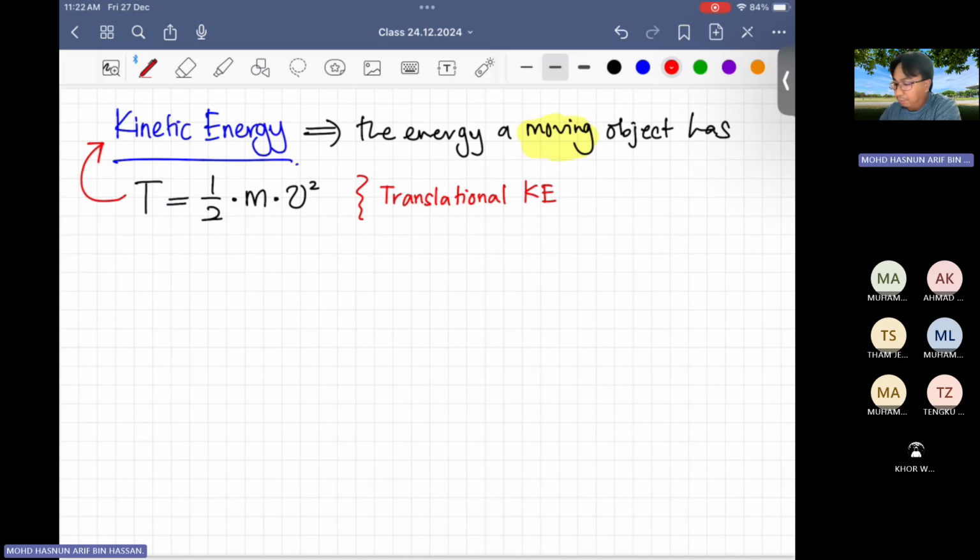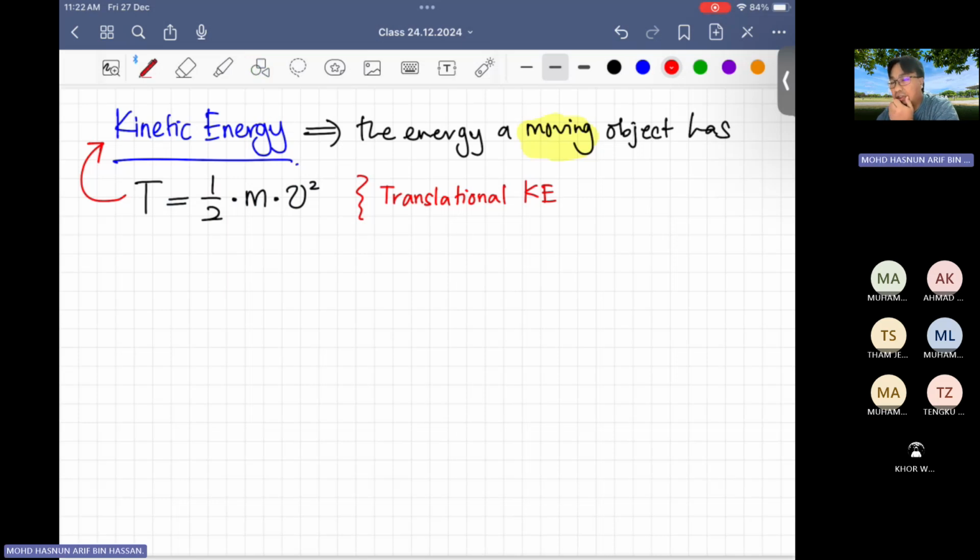Translation means if you take a box, for example, the box is moving on the ground from left to right. That is translation. Or the box drops from top to bottom. That is translation.